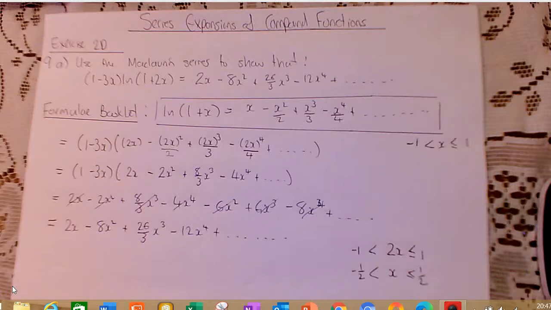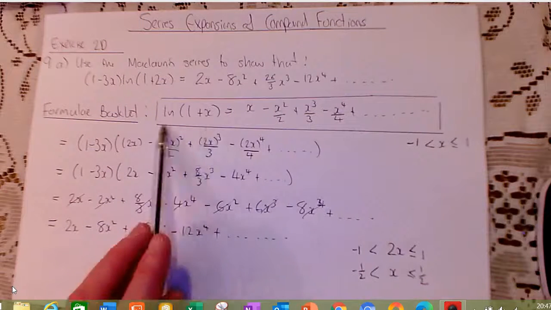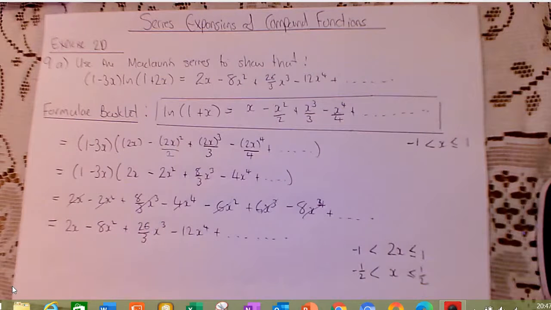What we mean about the validity is it soon spirals out of control and starts to diverge if x doesn't stay in this range, and then it won't be a very good approximation or conversion of this ln series. I think that's all you've got to do on 9A. I was just showing you this extra idea about validity.